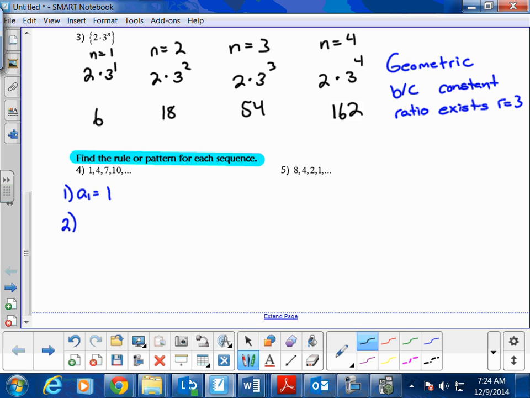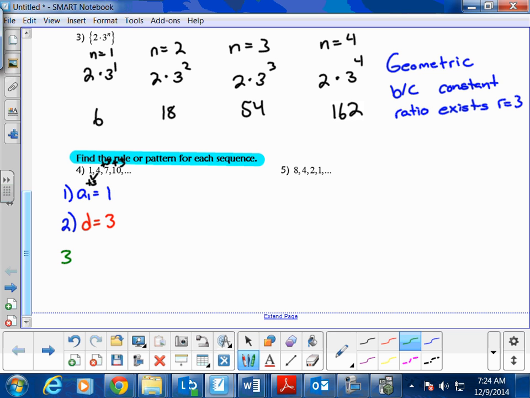With this one, that's plus 3, plus 3, plus 3. Safe to say this one has a D value, which means it's arithmetic with d equal to 3. So we're just going to apply our equation.